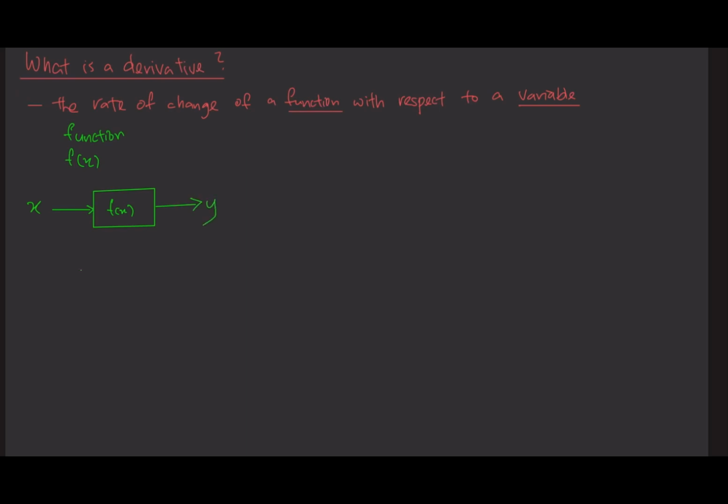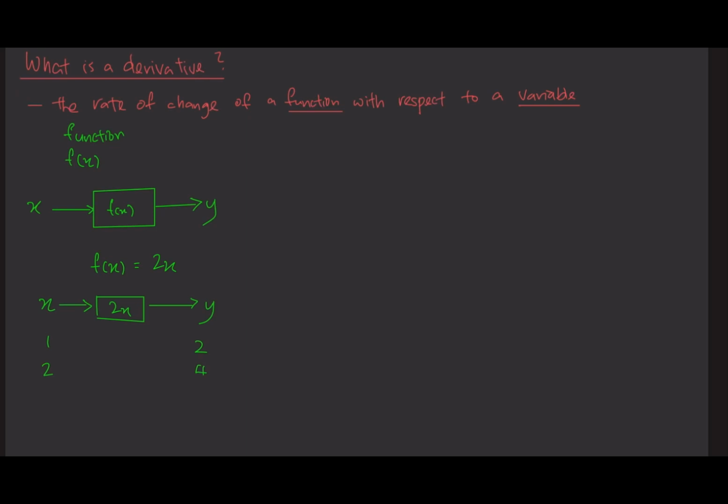So let's say a function f of x equals 2x, right? When you input x into 2x, out comes y. If x is 1, y equals 2. If x is 2, y equals 4, right?